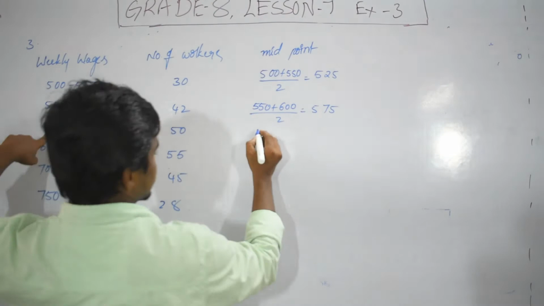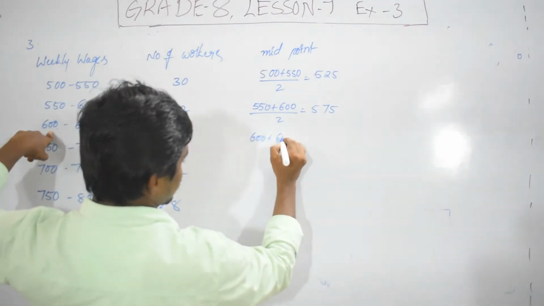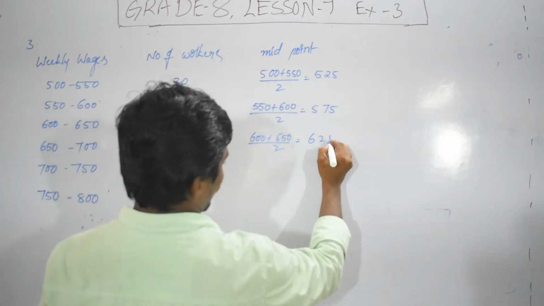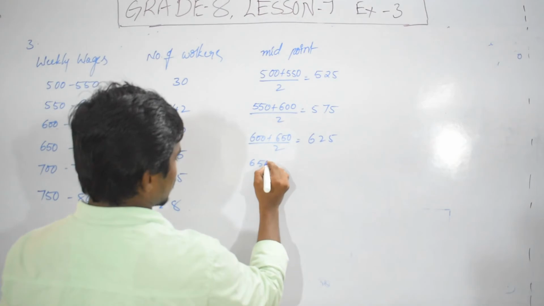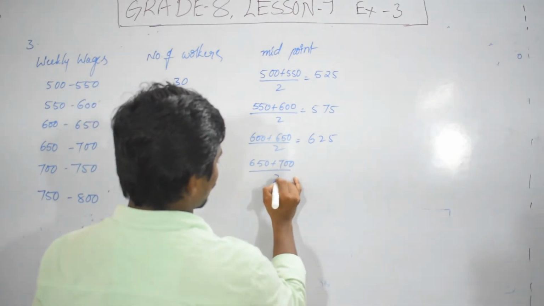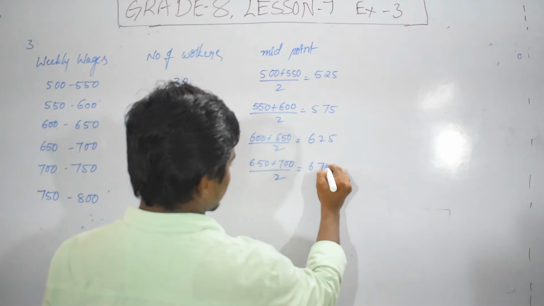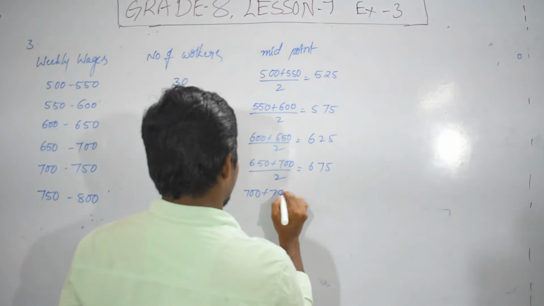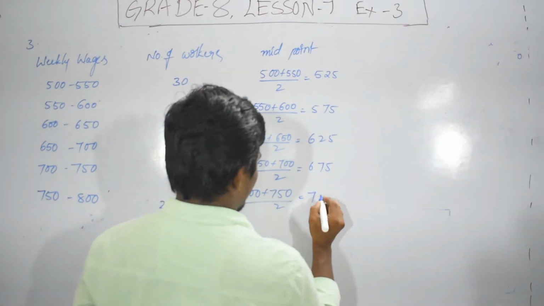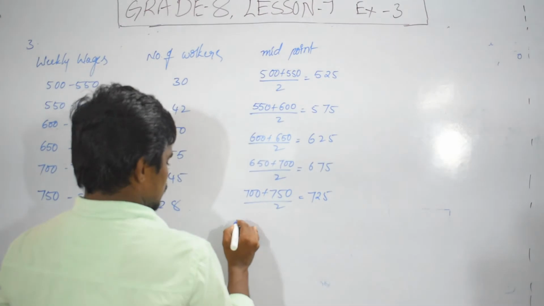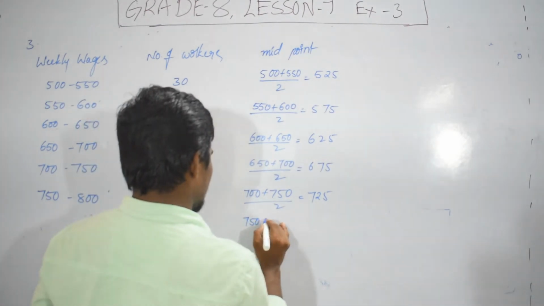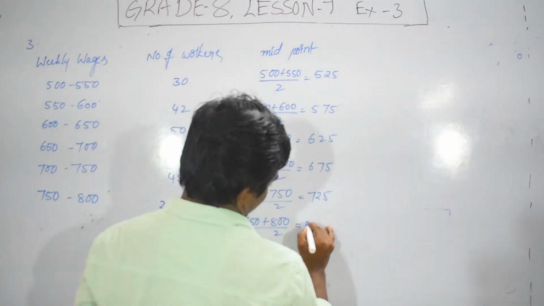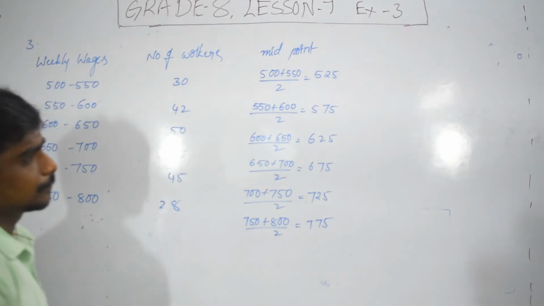Next 600 plus 650 by 2, 625. 650 plus 700 by 2, 675. 700 plus 750 by 2, 725. 750 plus 800 by 2, 775.